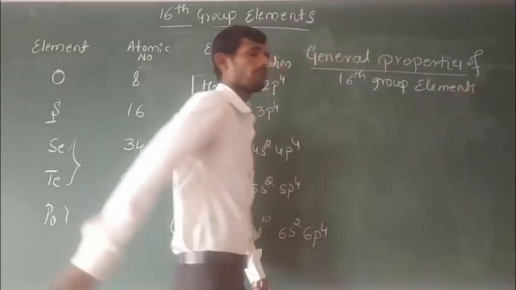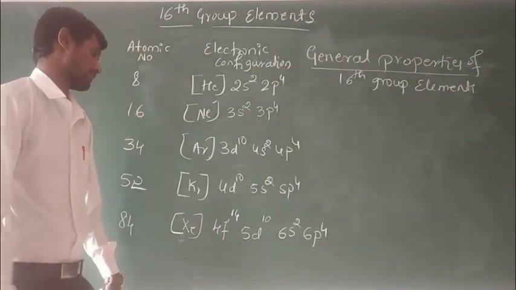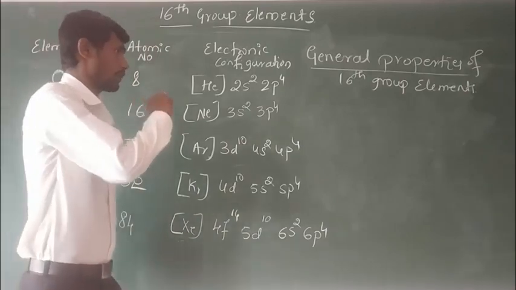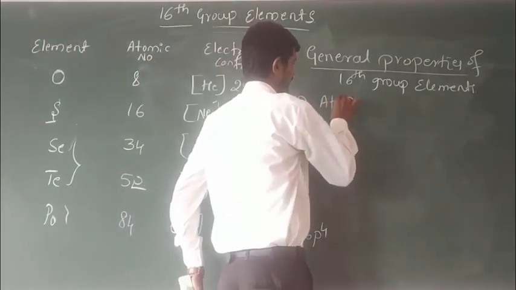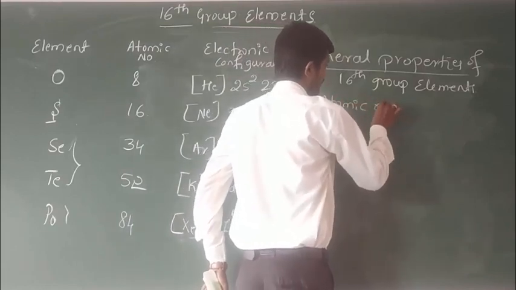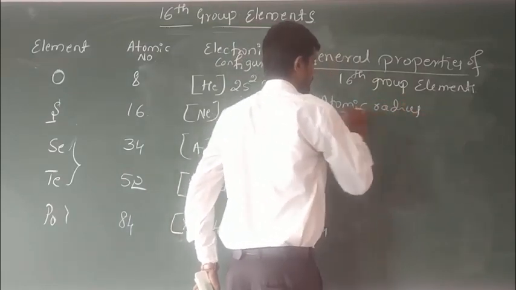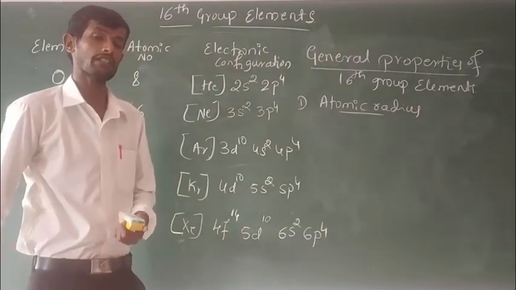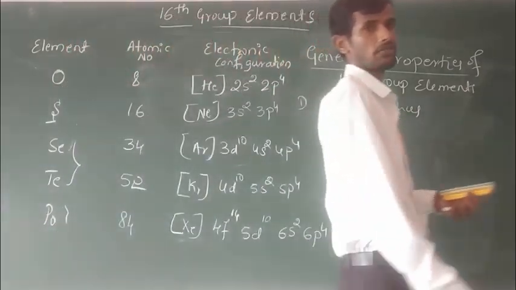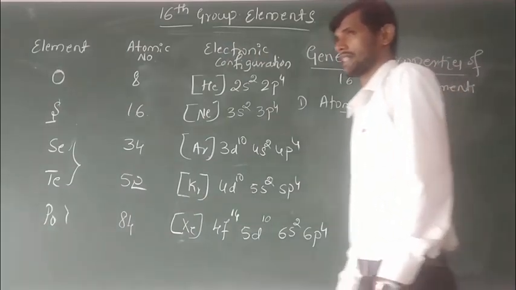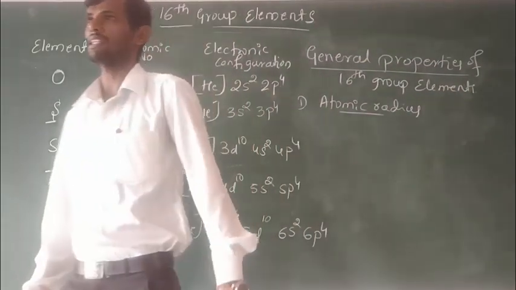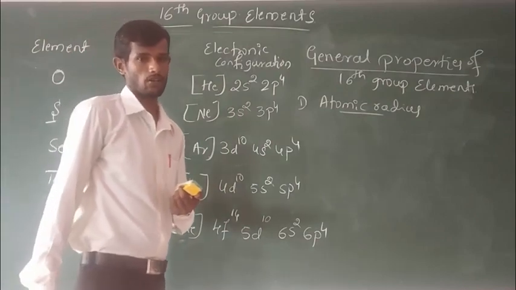The first point is atomic radius. What happens to the atomic radius if you move down the group in 16th group elements? What is atomic radius? It is the distance between the nucleus and the outermost electron.